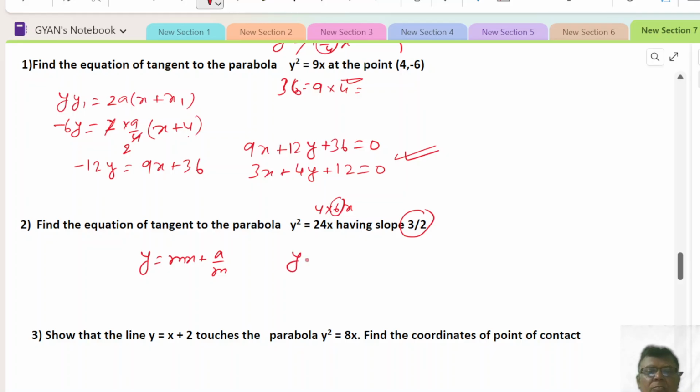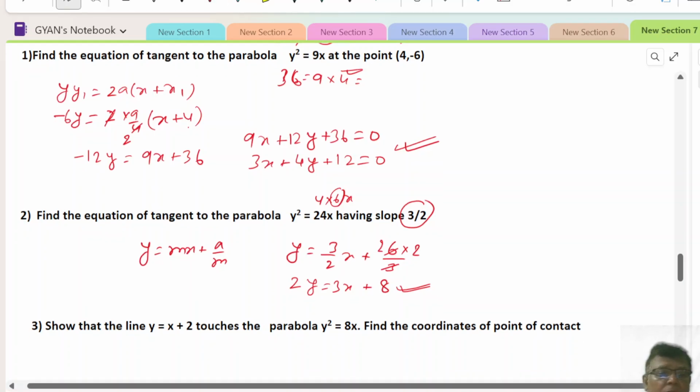So y is equal to 3 by 2 x plus a divided by m, a is 6, m is 3 by 2. So this is the equation.